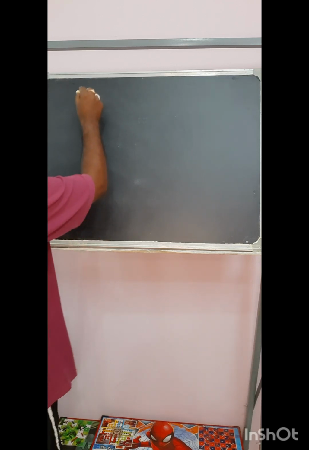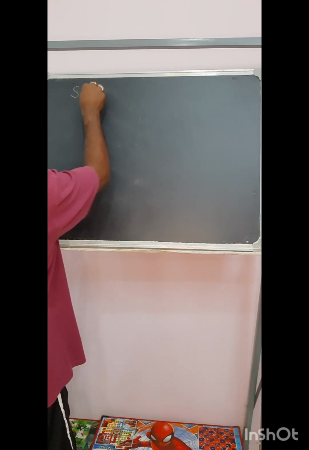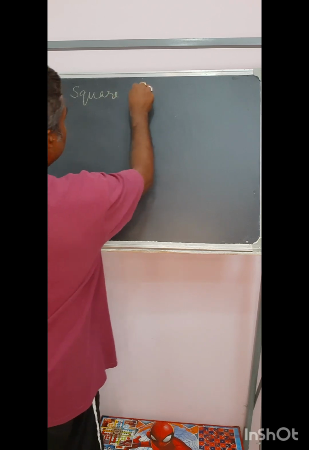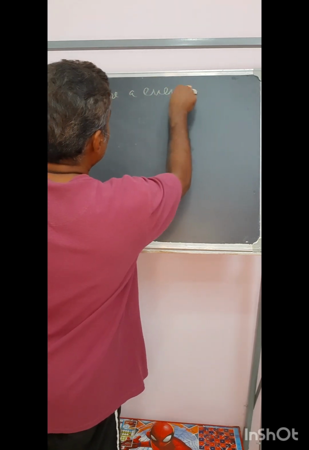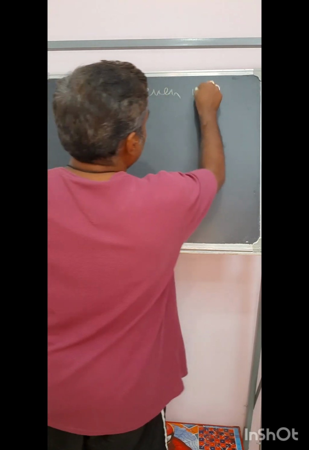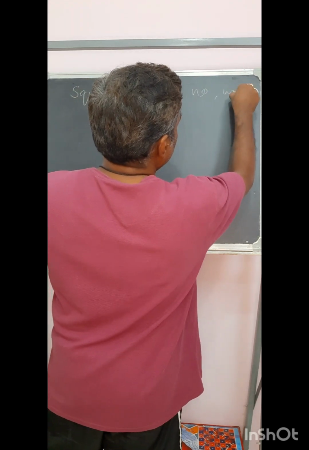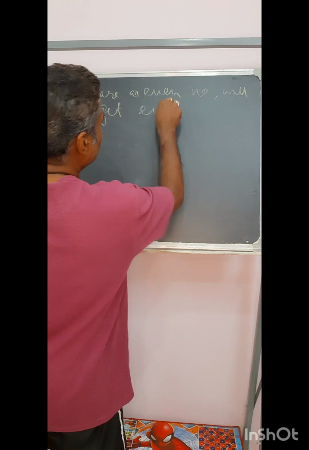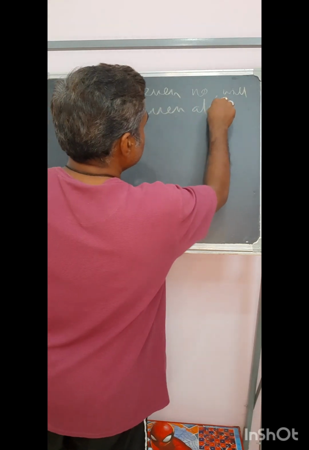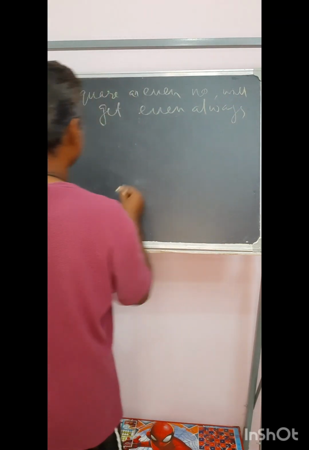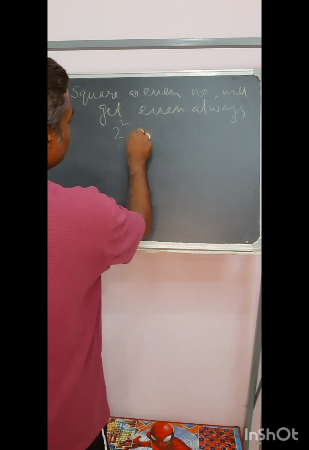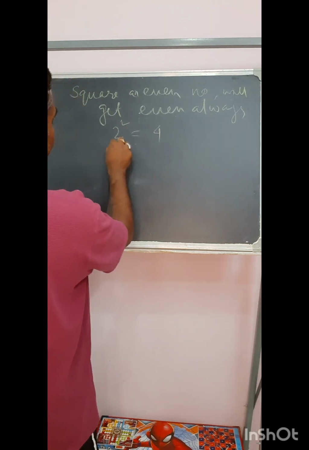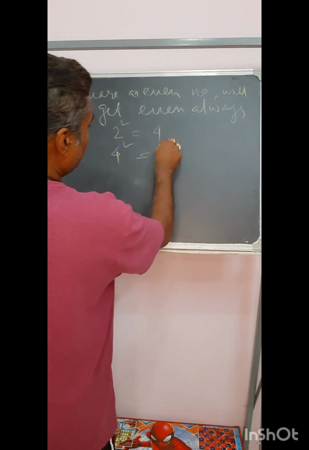So next comes the concept: if I square an even number, I will always get an even number. For example, 2 squared is 4. 4 squared is 16.